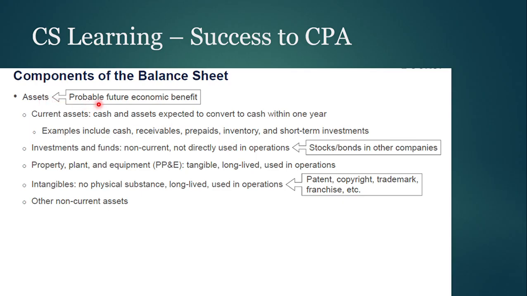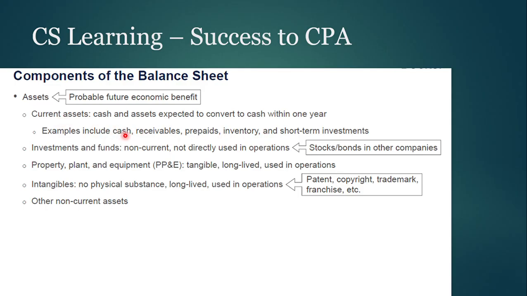So hope you understand. Now coming to the current assets: cash and assets expected to convert to cash within 1 year. The meaning of current assets is basically whatever amount we are able to convert into cash within 1 year, we can categorize as current assets.